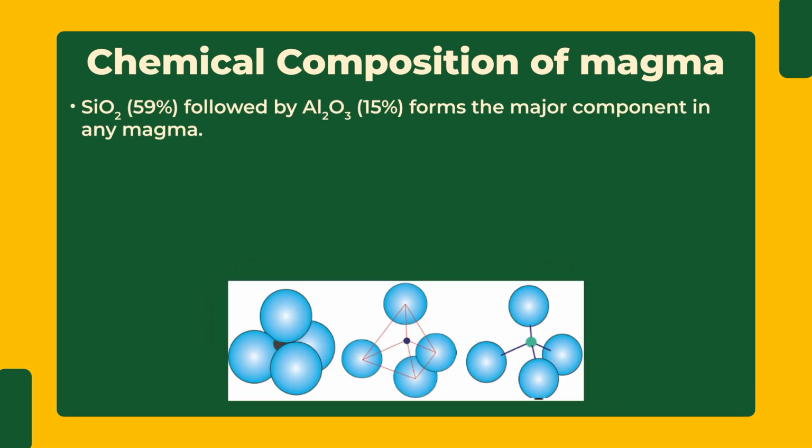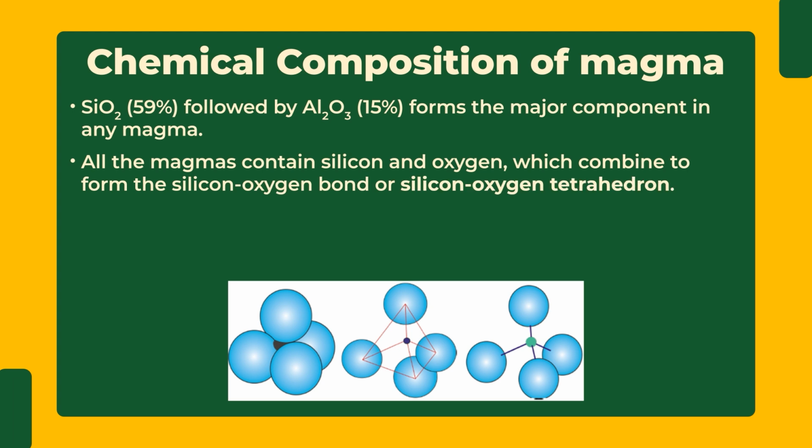As I told you, on average silica percentage is about 59%. It is followed by aluminum percent, which is 15%, and this forms the major component of any magma. All the magmas contain silicon and oxygen, and this silicon and oxygen bond and form silicon-oxygen tetrahedra.